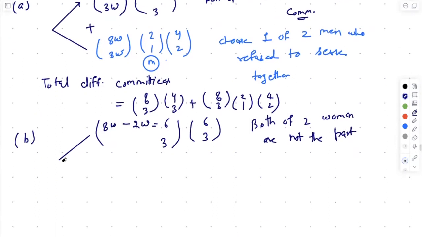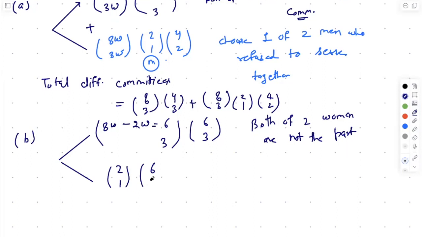It is one situation. Another situation is that, out of the 8 women, 2 women have some issues with each other. They cannot work in a single team, and 6 other women are there. They don't have any issue. Out of the two, if I choose one of them, then the committee will work. And because I need 3 women, 1 woman is already taken.